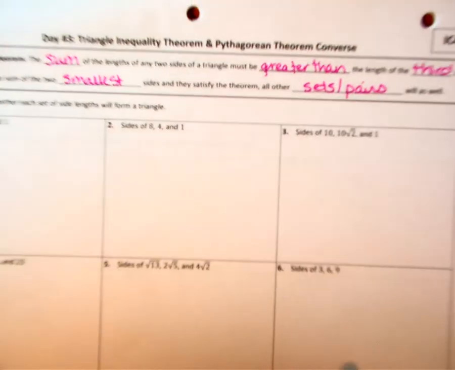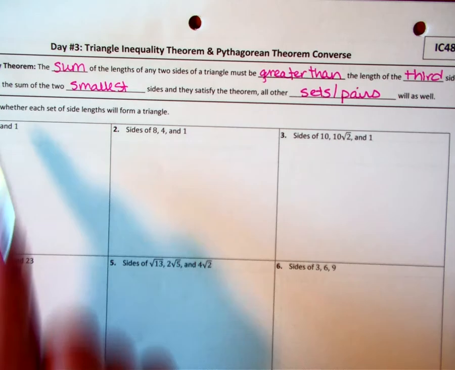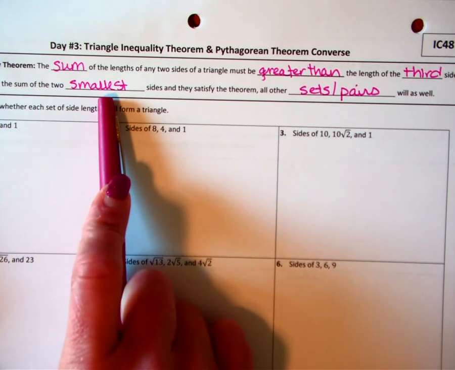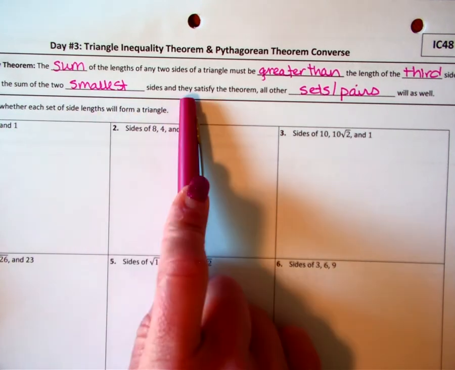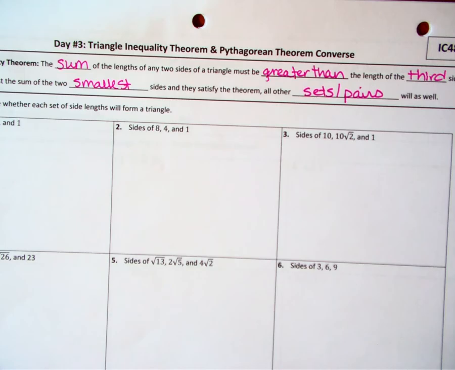The first statement says the sum of the lengths of any two sides must be greater than the third side. So it makes you feel like you're going to have to test 3 different things, right? But the note says if you test the smallest two sides and the sum is greater than the third side, that also satisfies the theorem. So you really only need to identify the two smallest sides, add them together, and if it's greater than the third side, then you're good.